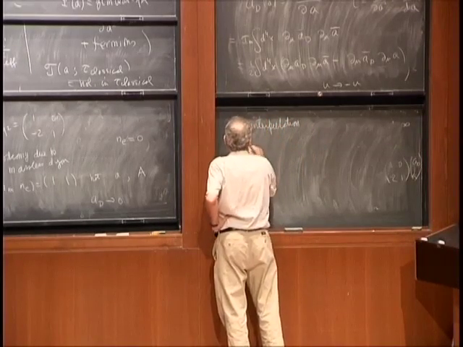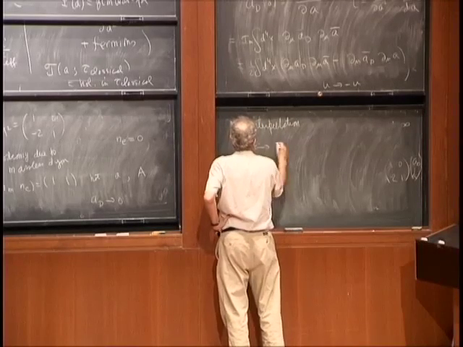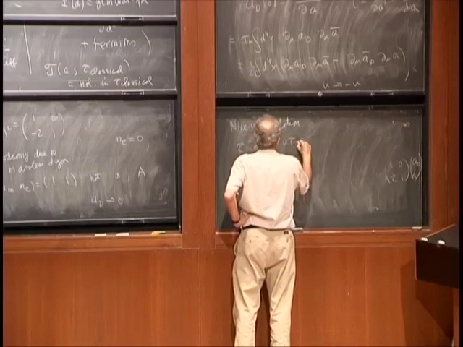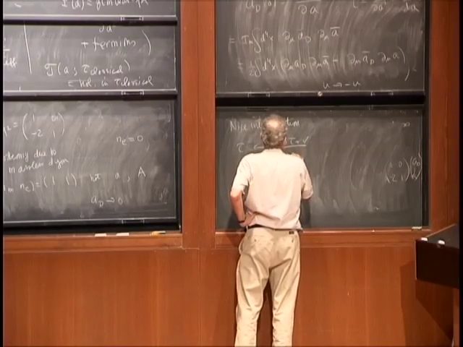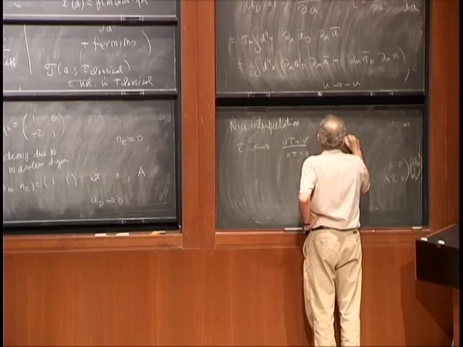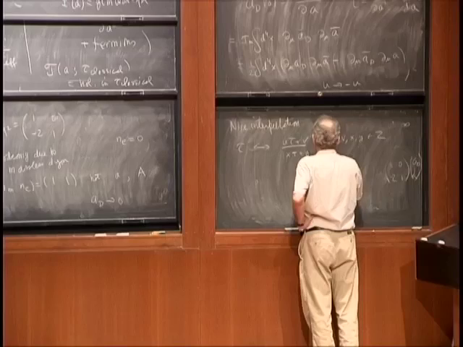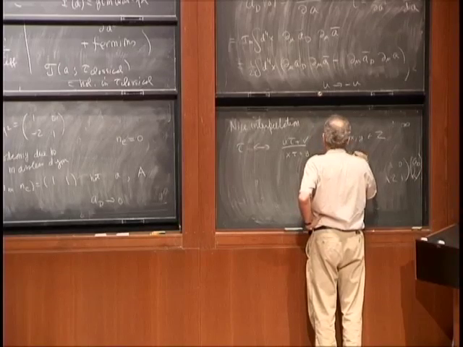So first of all, tau modulo the operation, tau going to u tau plus v over x tau plus y, where u, v, x, and y are integers, and the determinant of the matrix is 1.